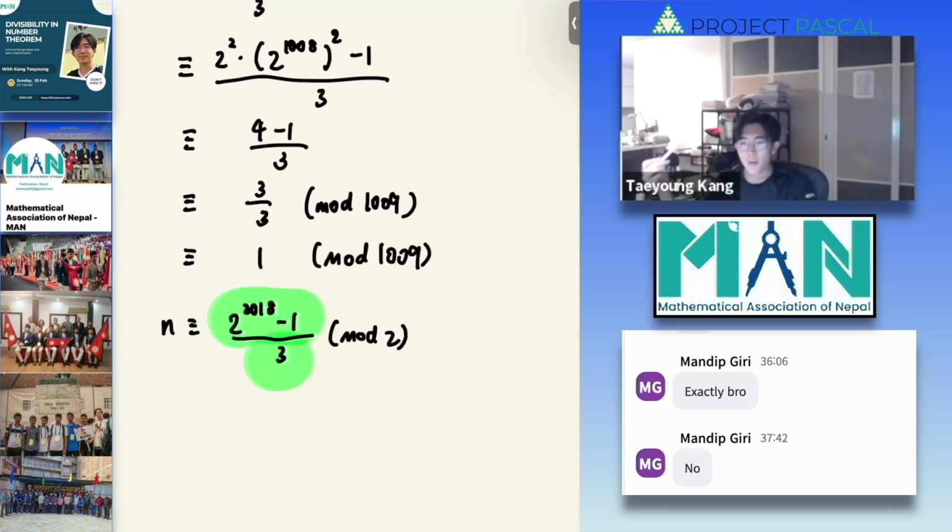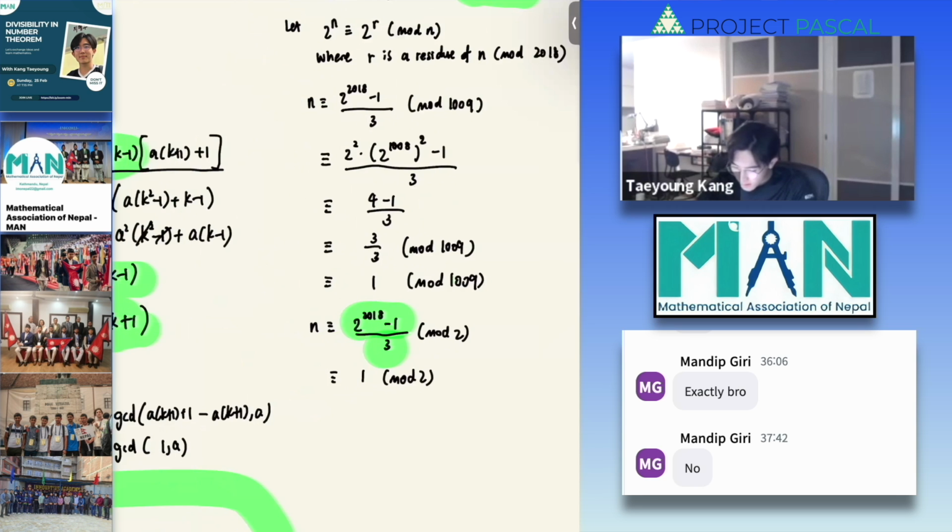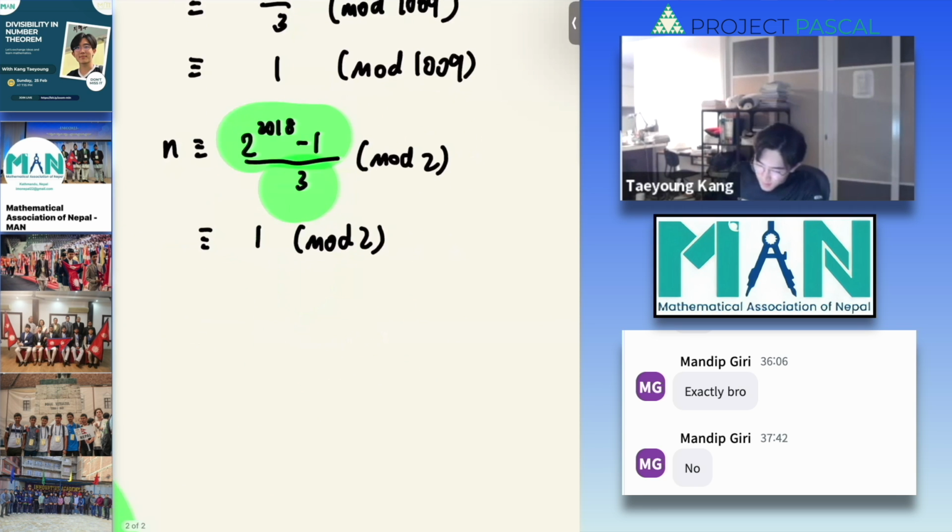So an odd number divided by an odd number should give you an odd number also, right? And odd numbers are 1 mod 2. So these two results will basically give us that n is congruent to 1 mod 2 times 1009.